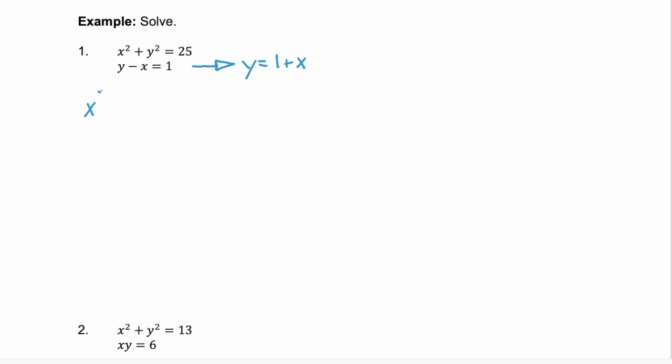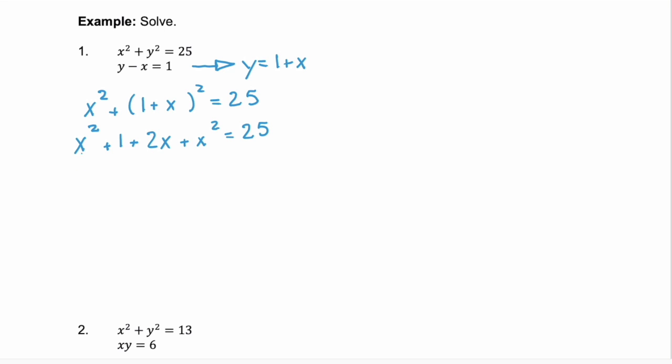So substituting in, we have x squared plus y squared, but y is now 1 plus x, and that's equal to 25. We keep the x squared. When we square 1 plus x, we get plus 1 plus 2x plus x squared, and that's equal to 25.